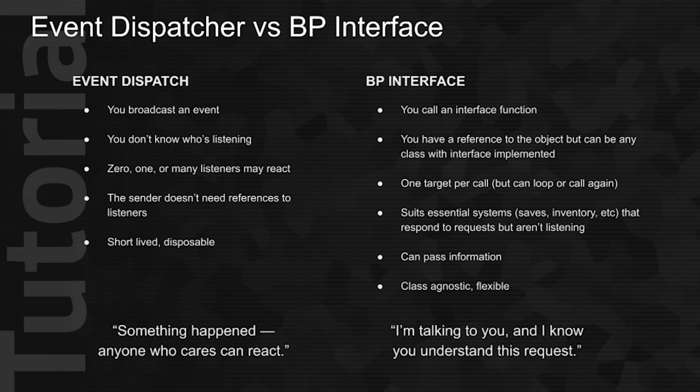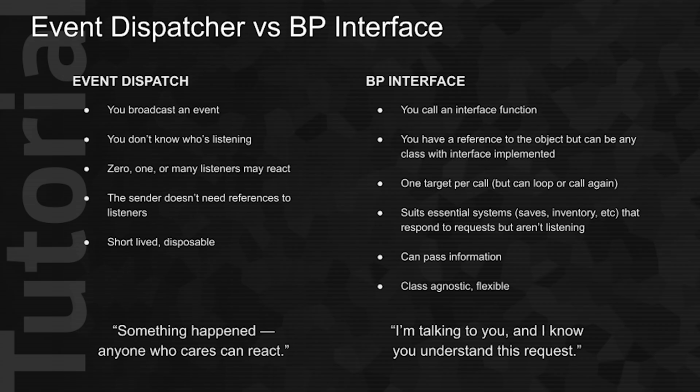Now, a blueprint interface is something that you call. You call the interface function. And there's a reference to the object, but it can be any class that has the interface implemented. We'll make that a bit clearer when we get into the blueprint of it. You have one target per call, so we're being more precise now than the event dispatch.